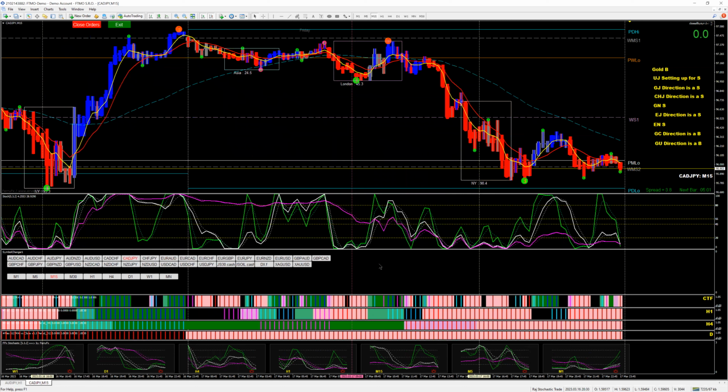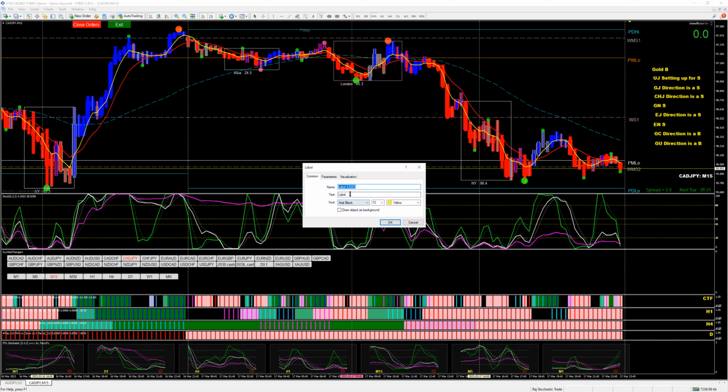CAD yen direction is a sell. It's setting up for a sell because everything is a sell except the 4 hour. So it's a sell direction. So CJ direction.